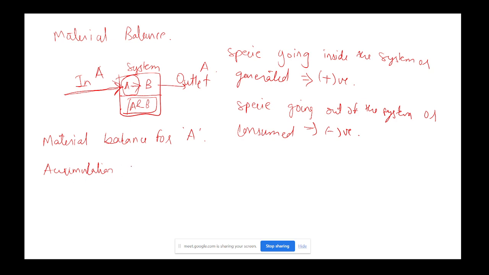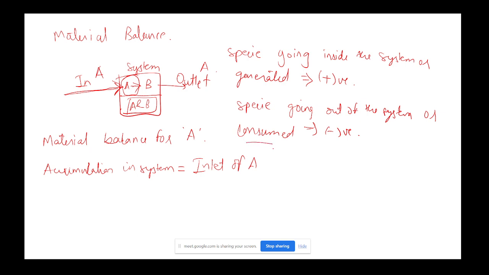If I write for A, then the accumulation in the system, the amount that is left in the system, will be equal to whatever is coming in, so that will be positive: inlet of A. Now there will be the reaction of A going to B, which means A is getting consumed in the system.